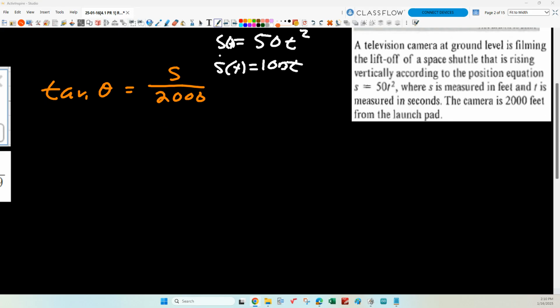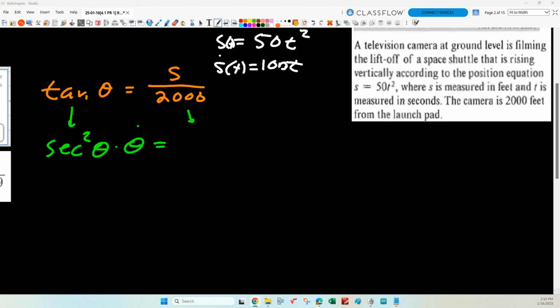What's the derivative of tangent? Secant squared, yeah. So secant squared theta times theta dot equals, well, what's the derivative of S over 2,000?